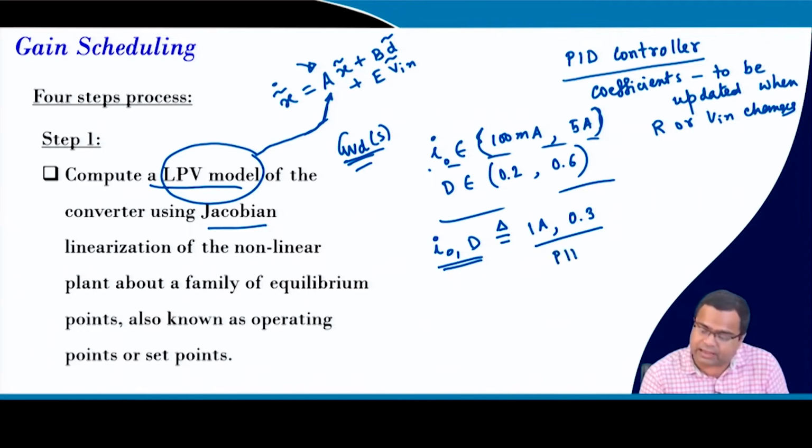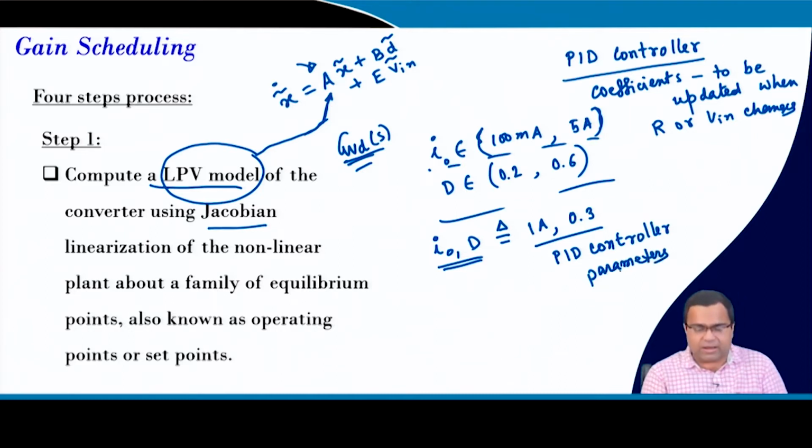That means you get the PID controller parameters. That means we need to obtain the different operating points. So, we will get multiple operating points, because it depends on how many currents you take and how many duty ratios you take. So, you may get an infinite number of sets, but we are not interested in so many operating points.